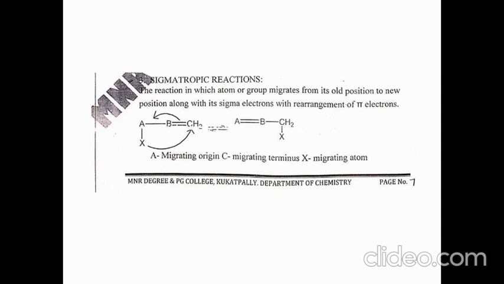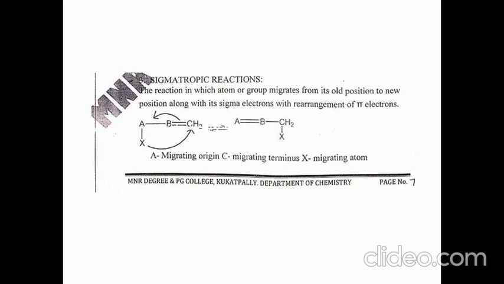This is our substrate, where the X atom in AX is migrating with the bonding electron pair of the sigma bond to a new position, from A to CH2, and as a result of this the pi bond between B and CH2 is migrating to between A and B.